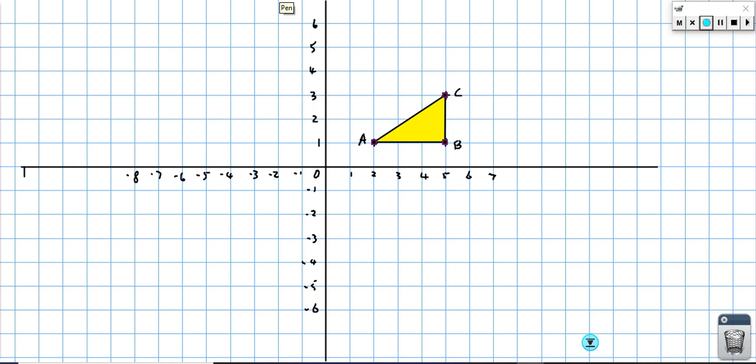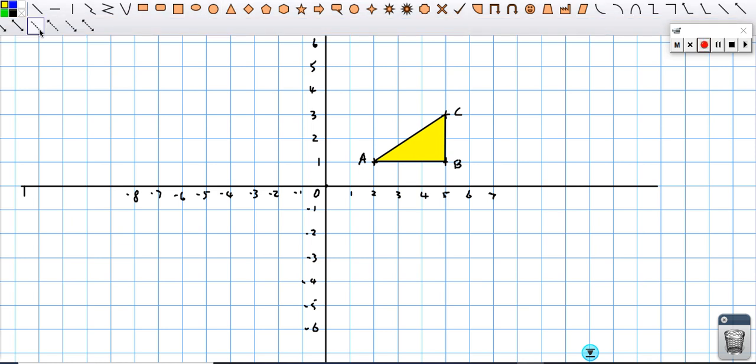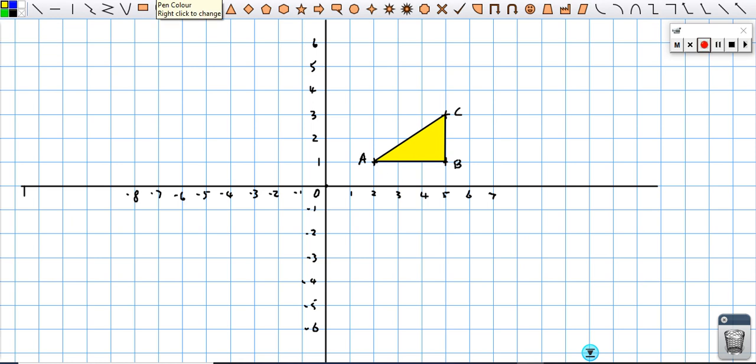So our first rotation was a rotation of 90 degrees clockwise from the origin. So we're going to rotate this shape from the origin. Okay, so if I had to draw a right angle, the right angle will look something similar to this. That's our right angle.